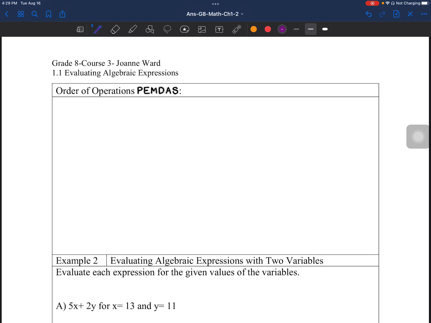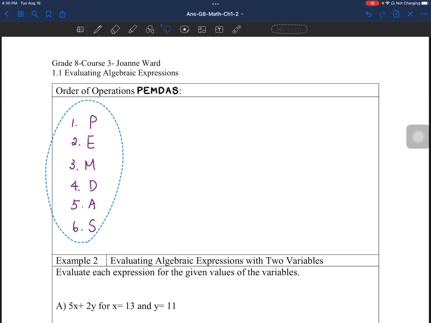The order of operations goes P, E, M, D, A, S. I'm going to move this upward because I'm writing it too tight.